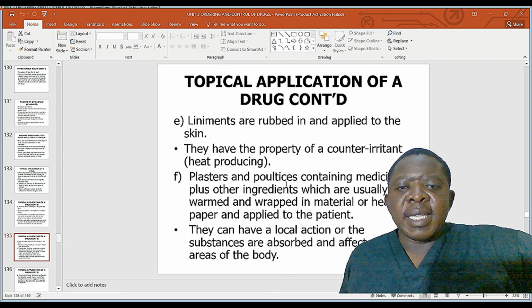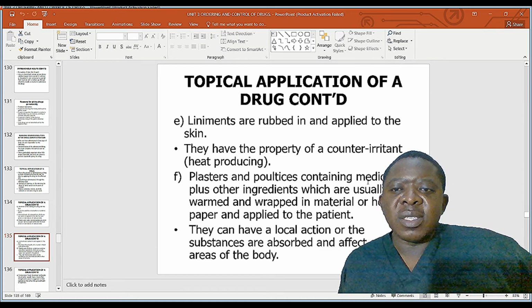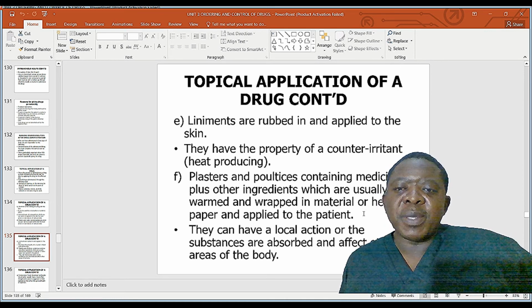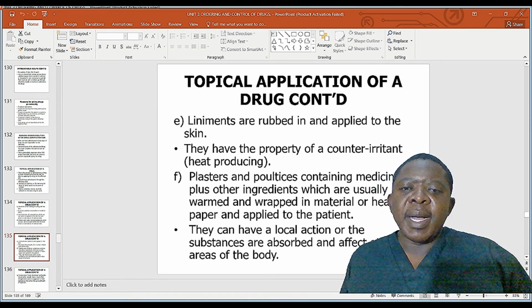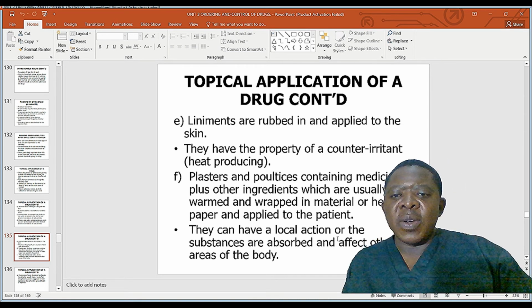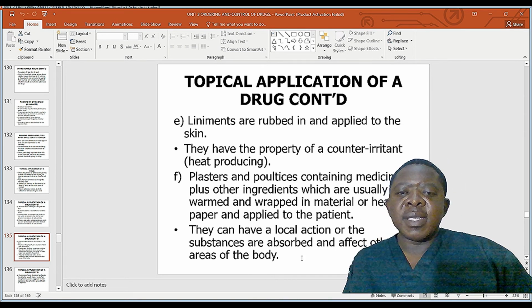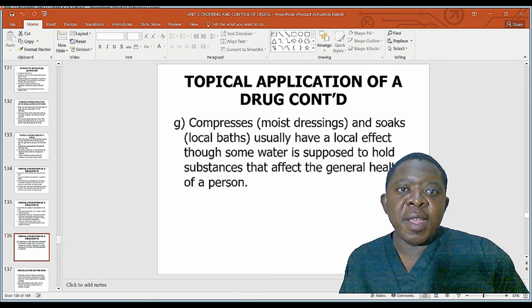Plasters and poultices contain medicine plus other ingredients, which are usually warmed and wrapped in material or heavy paper and applied to the patient. They can have a local action, or the substances are absorbed and affect other areas of the body.